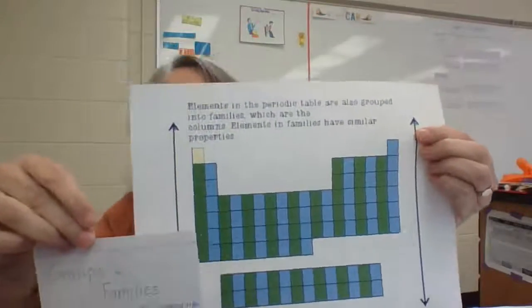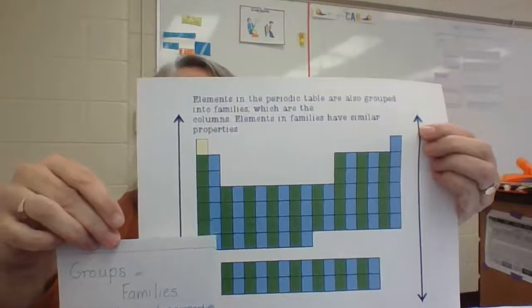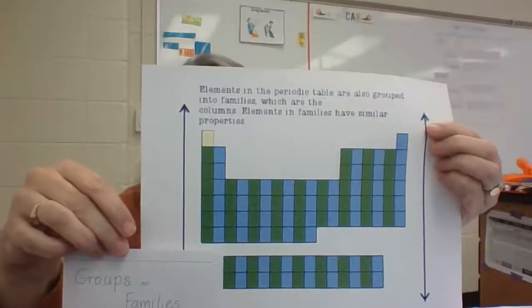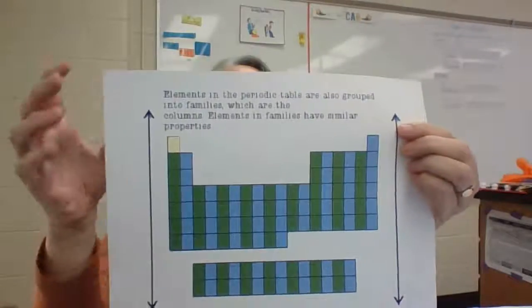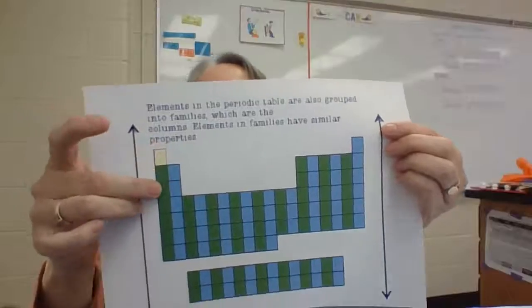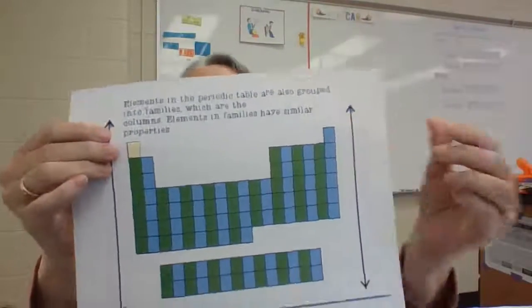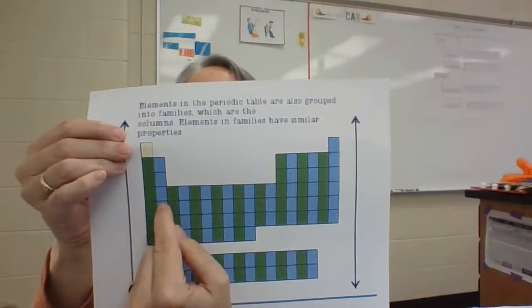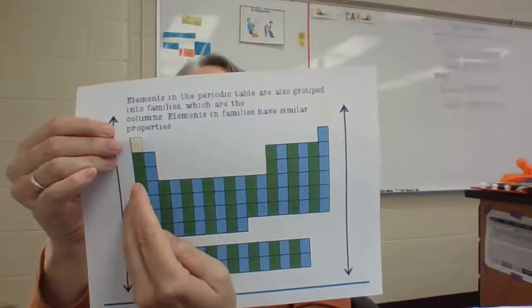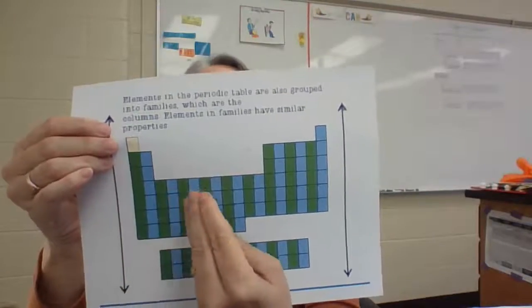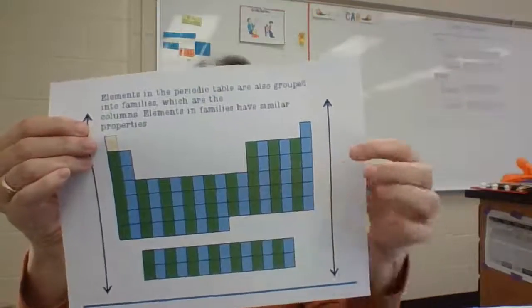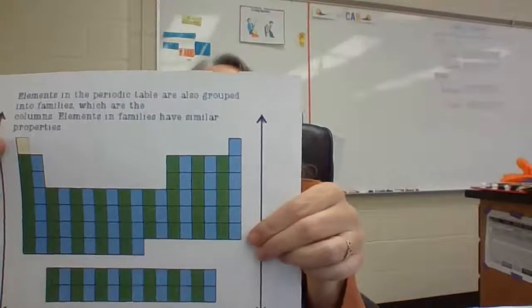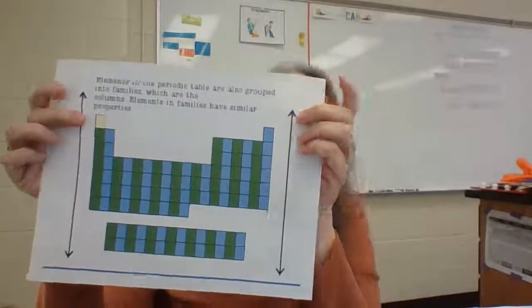Okay, families go in rows, and they have similar properties. So everything that goes up and down here, that's going to be very reactive alkaline earth metals. Okay, all the way over, it's going to become less and less reactive, to over here, we have noble gases, and these are the most stable elements.